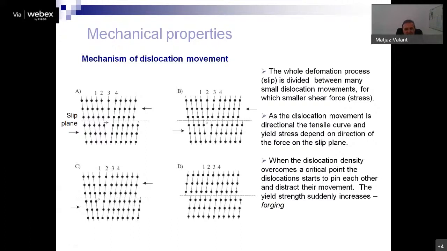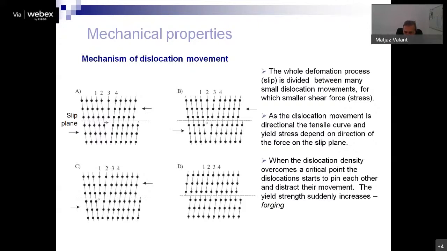So now you would say, okay, the dislocations cause the material to be less strong, which is correct. However, there is a turning point somewhere.